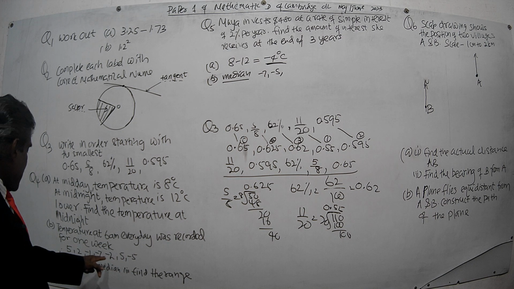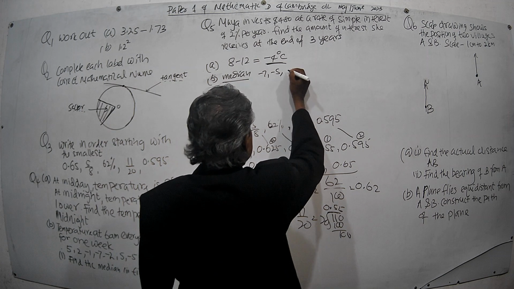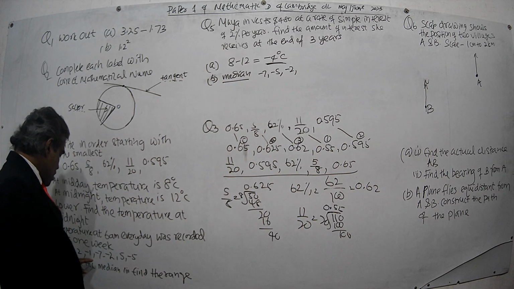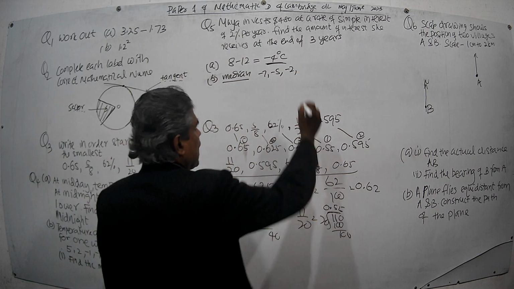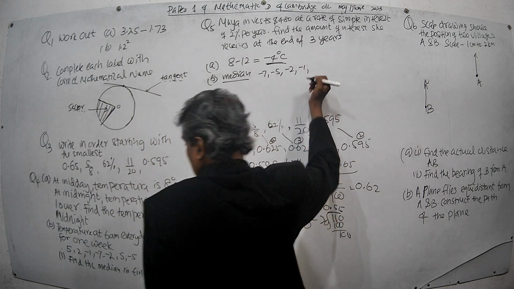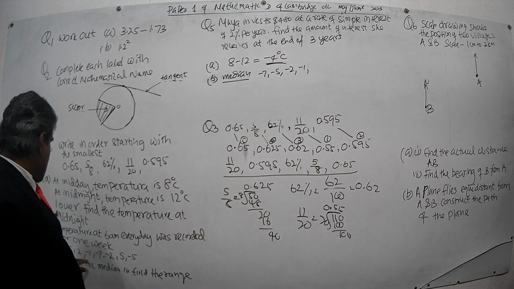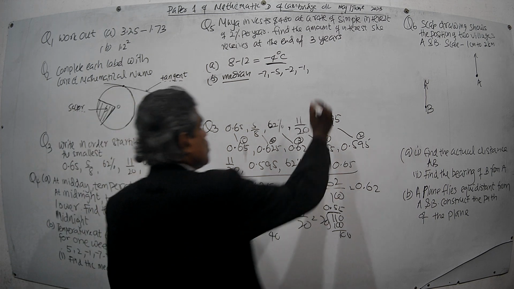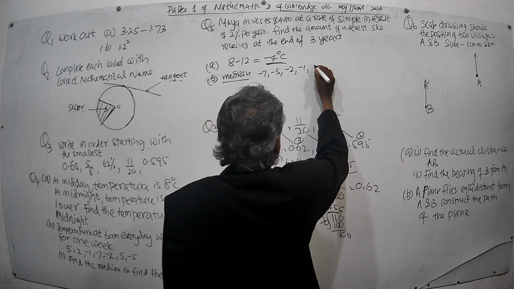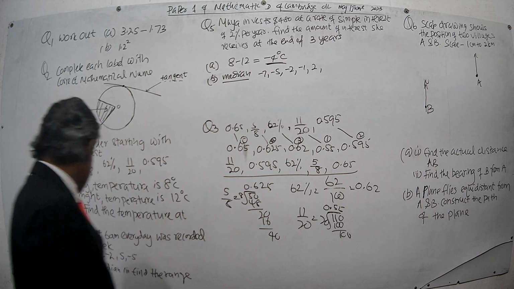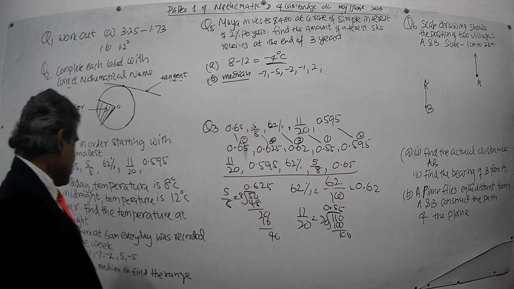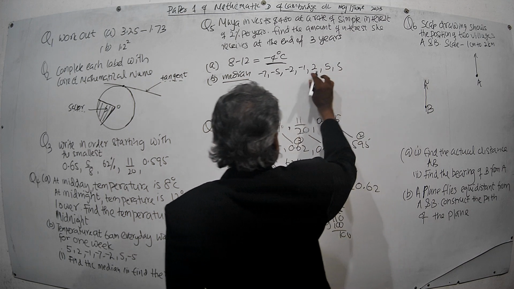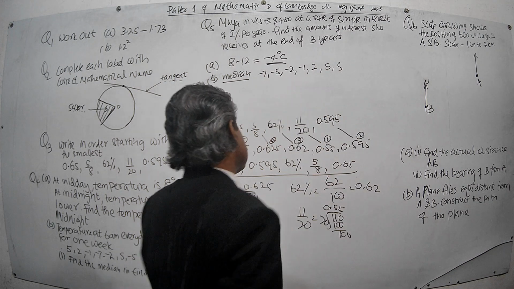Then minus 2. Next largest one, minus 1. Then next largest one is 2. The next largest one is 5, 5. Now, okay, 1, 2, 3, 4, 5, 6, 7. There must be 7 figures right here.